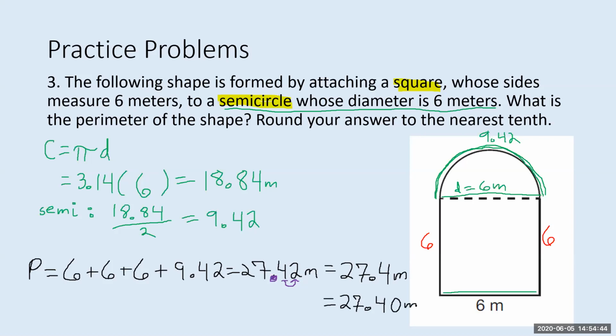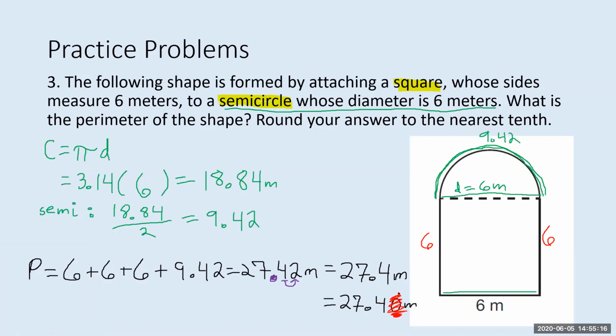However, since we're talking about decimals here, in a decimal, the 0 at the end is called a trailing 0, and it doesn't actually affect the value of our number at all. So we could get rid of that 0. It would not change the value. And since the question says round your answer to the nearest tenth, technically if you're being totally correct, your answer should stop in the tenths place.